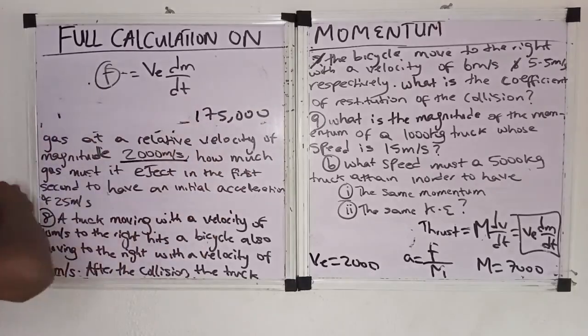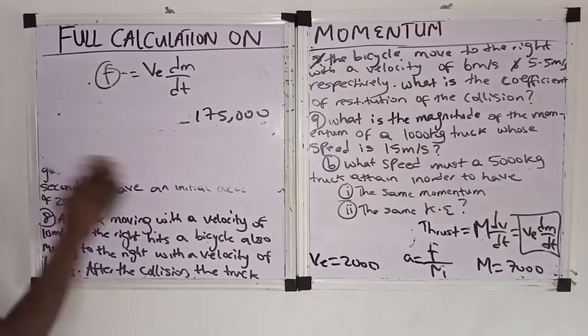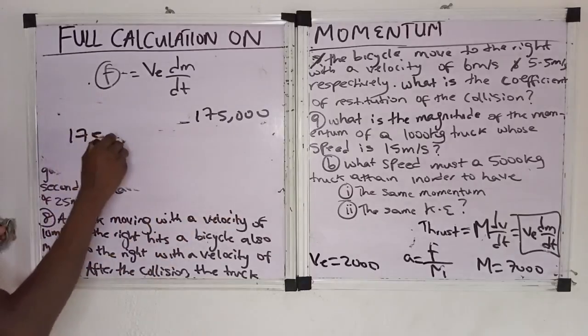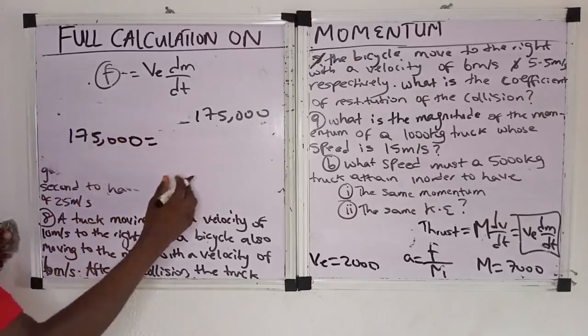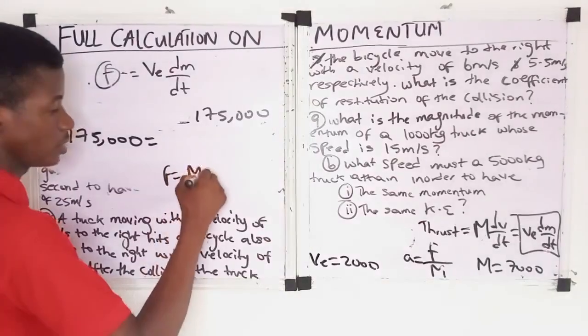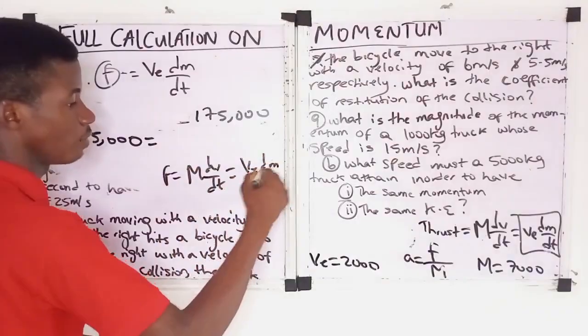Let me clean this part. We usually input it here: 175,000 is equal to, now remember, I told you thrust or force is equal to m dv over dt. It's still equal to ve dm over dt.